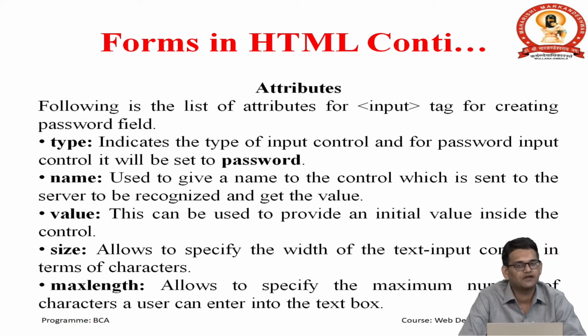It means that after 15 characters the text field will not take input. So maxlength would be set to 15 characters for the name. If you type 16 characters, it will not accept that. We can increase it according to our need, whether 15 or 20, we can set these maximum values.